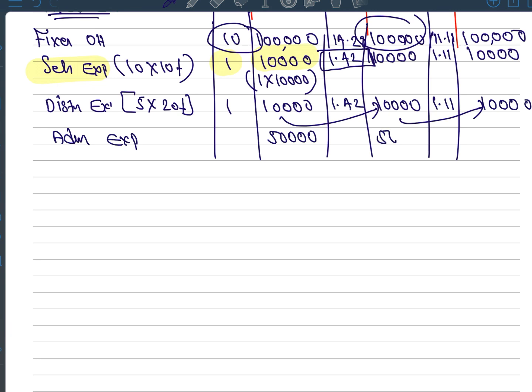So 50,000 here, 50,000 here, 50,000 here. 50,000 divided by 10,000 is equal to 5. 50,000 divided by 7,000 is equal to how much? 7.14. Then 50,000 divided by 9,000 is 5.55. Okay, sit.